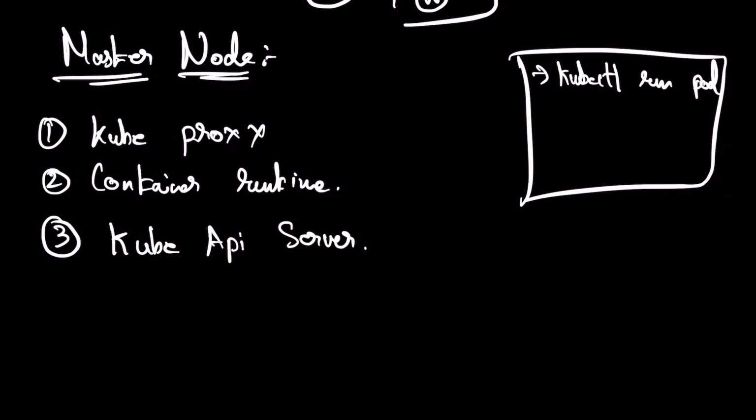When we execute this command from our machine, it communicates with the kube API server that is running on the master node. The kube API server receives the request and does the actual orchestration of the job. So you can consider it as a front end for Kubernetes.